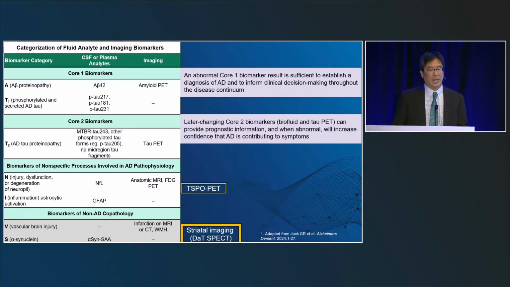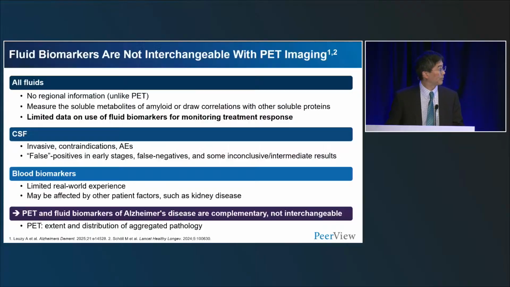An abnormal core 1 biomarker result is sufficient to establish a diagnosis of Alzheimer's disease and to inform clinical decision-making throughout the disease continuum. Amyloid PET is a core 1 biomarker. Just for further detail, the core 2 biomarkers are later-changing ones, and that is where tau PET comes in.